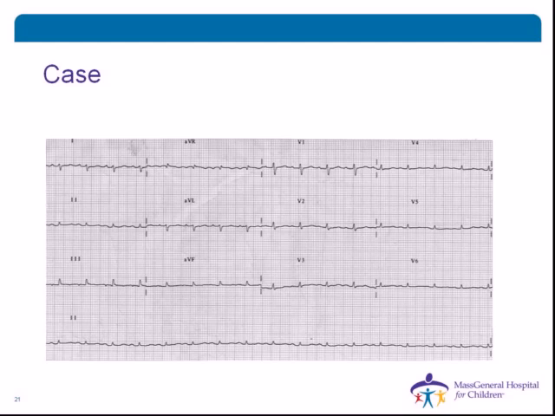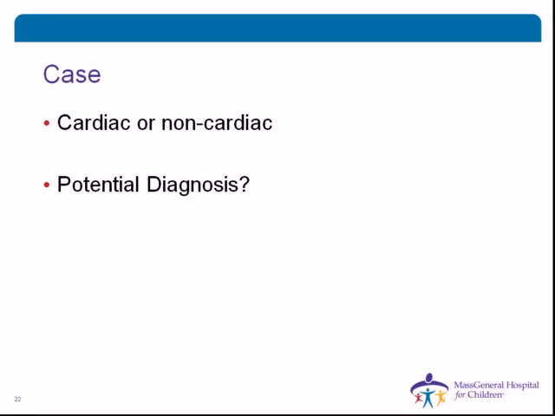This was her electrocardiogram, which showed diffusely mild tachycardia and low voltages throughout, including nonspecific T-wave abnormalities. With the details so far, does this appear to be a cardiac diagnosis or non-cardiac diagnosis? And if a cardiac diagnosis, what could be the potential?